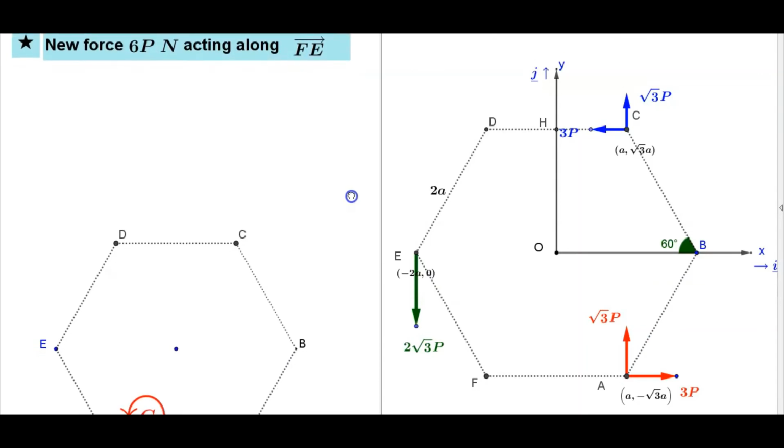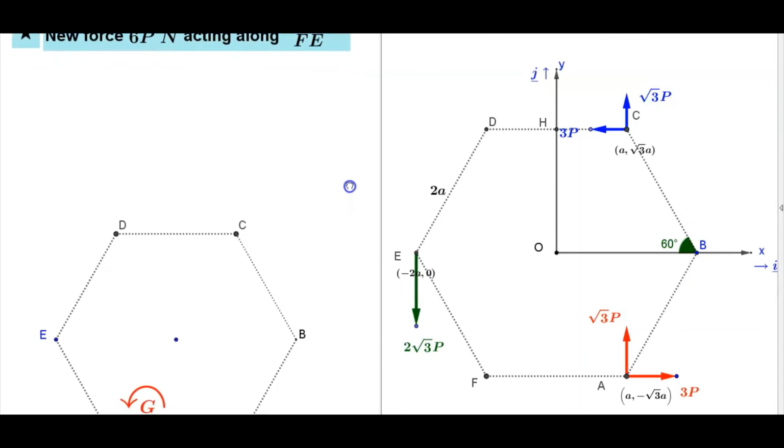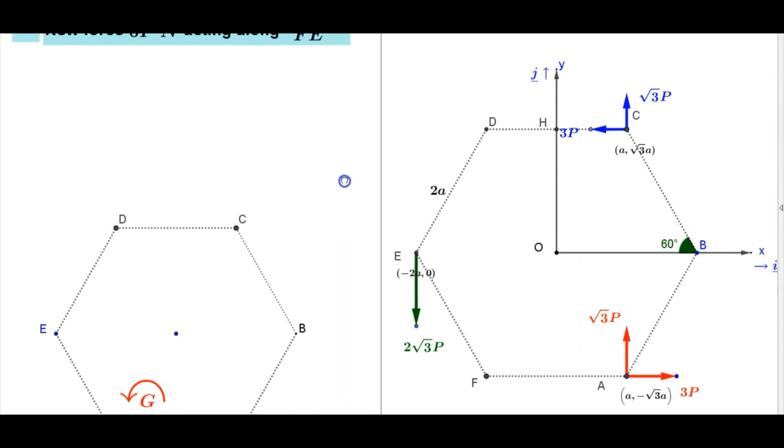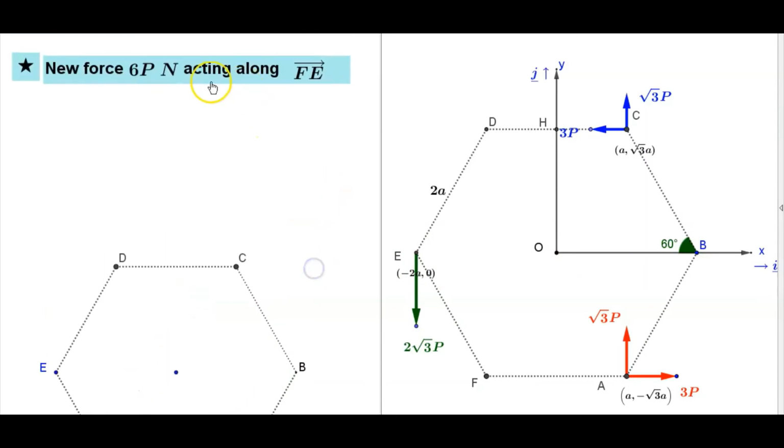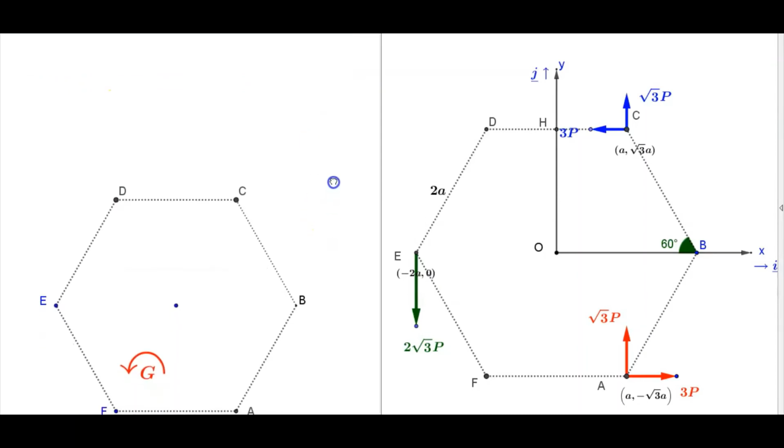Over here I will mention, already this system is equivalent to G. Resultant is 0. Now we introduce 6P Newton along FE. This one 6P Newton we introduce here.